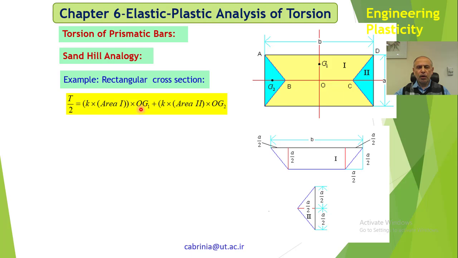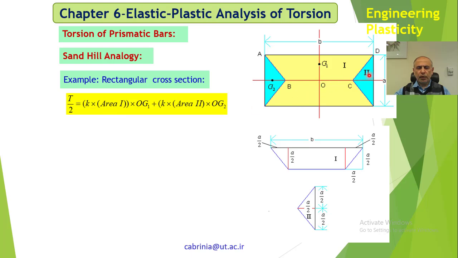And what is this arm or radius? If we take G1, the center of gravity, or the centroid of ABCD, for area 1, then the force must act on the centroid G1, so OG1 times the force gives us the moment or torque.